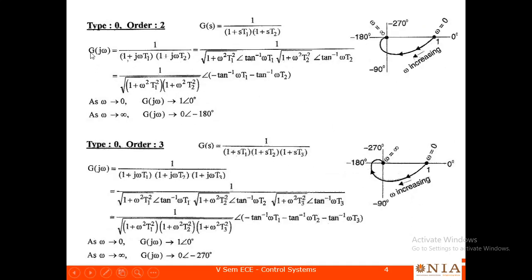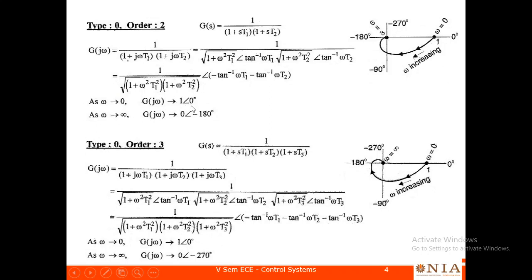Here is another system where the type is 0 and the order is 2. Type 0 will start in this quadrant and order 2 will end in this quadrant, so the approximate shape of the graph will be like this. The same thing we did for the previous transfer function, we do here: take G of j omega, get the magnitude and the phase at two points, omega equal to 0 and omega equal to infinity.